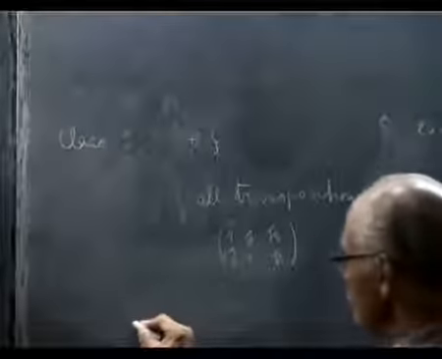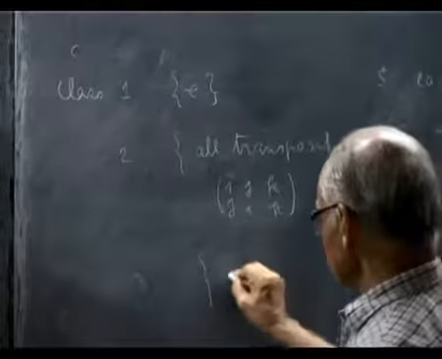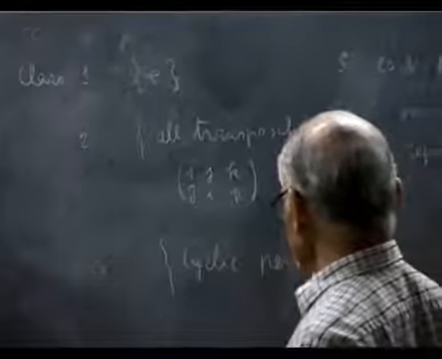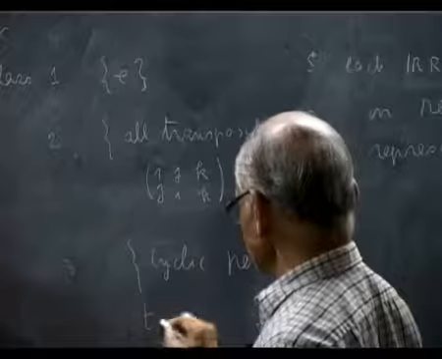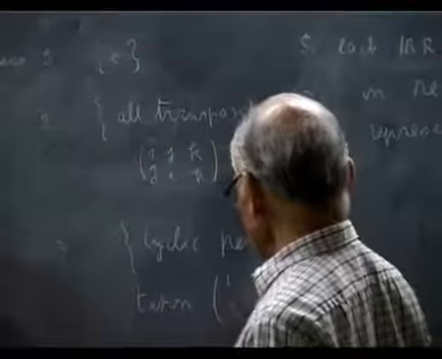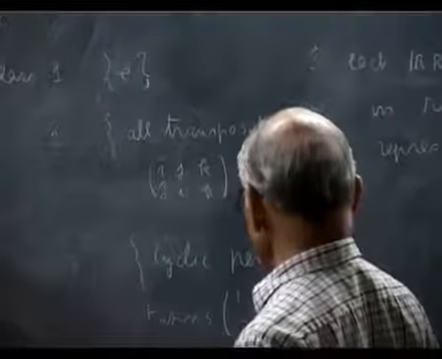And class 3 is cyclic permutations, namely (1 2 3), (2 3 1), and all the cyclic permutations.